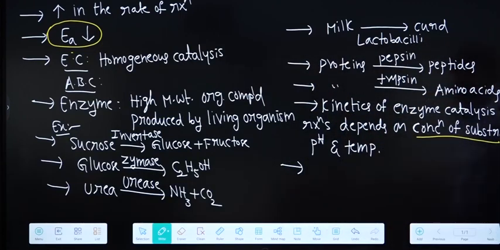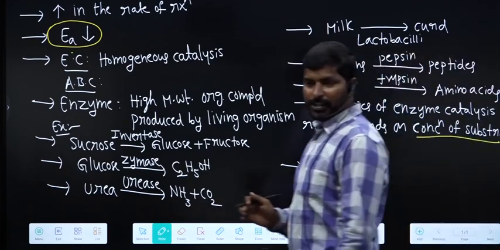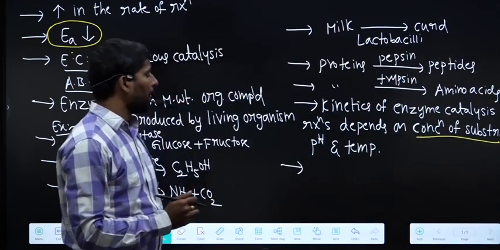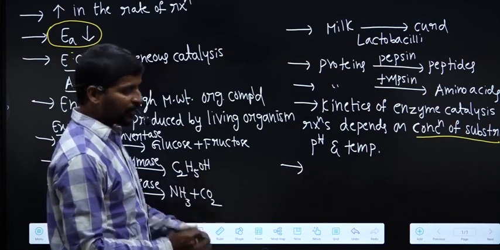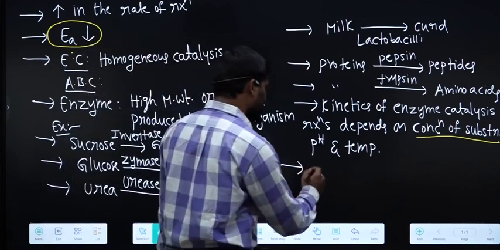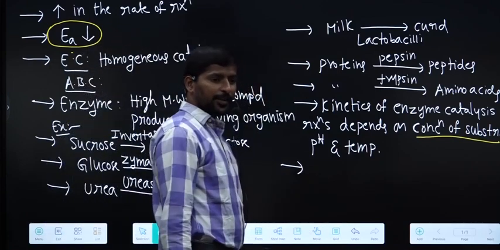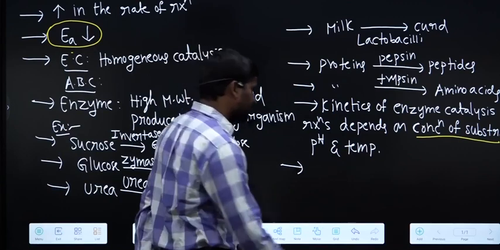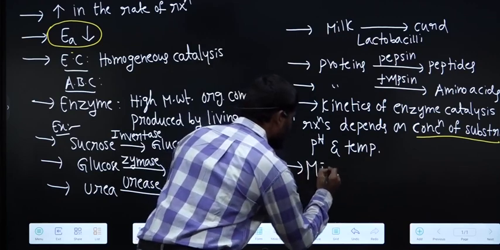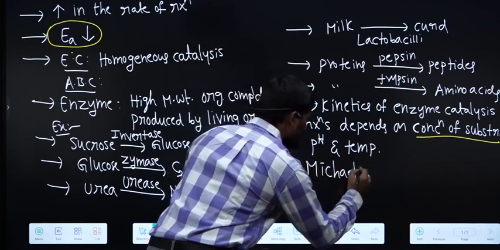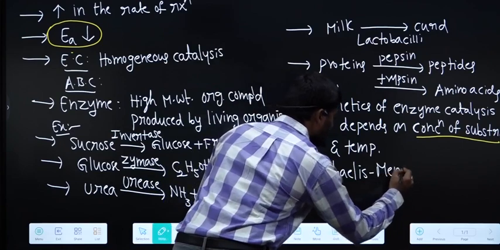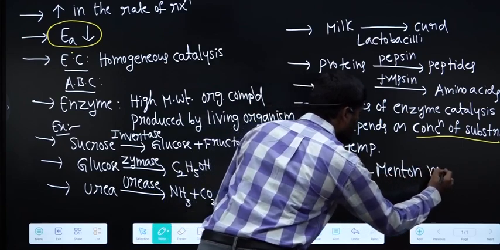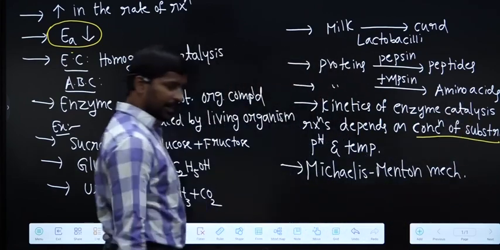Kinetics of enzyme catalysis reactions with the concentration of substrate is explained by the Michaelis-Menten mechanism, or Michaelis-Menten kinetics.